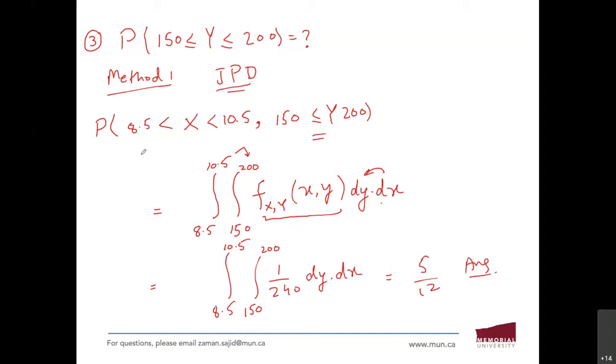Okay, I need to go to the next slide, please. So what could be your second method? Method number 2. It's the marginal probability distribution. So the y should be between 150. This is for f of y into d of y.